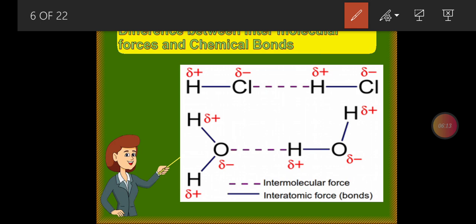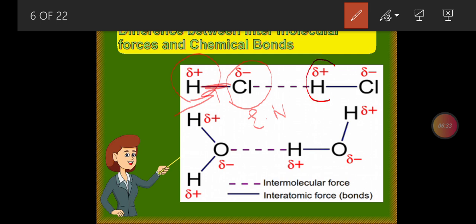Let's first talk about HCl. You can see Cl is partial negative because it is electronegative as compared to hydrogen. Hydrogen is electropositive in nature, and both of them are held together by this chemical bond.